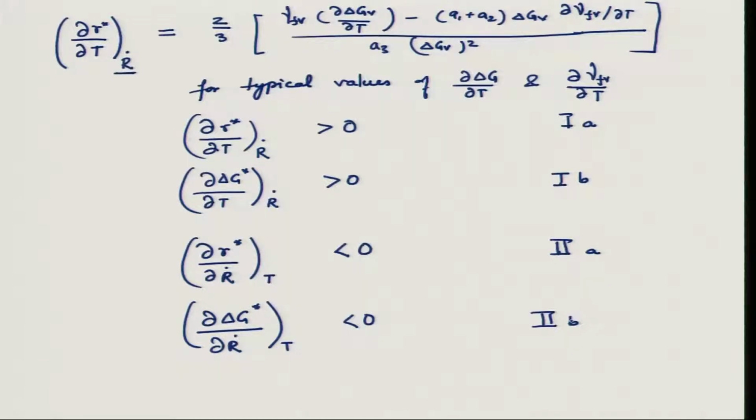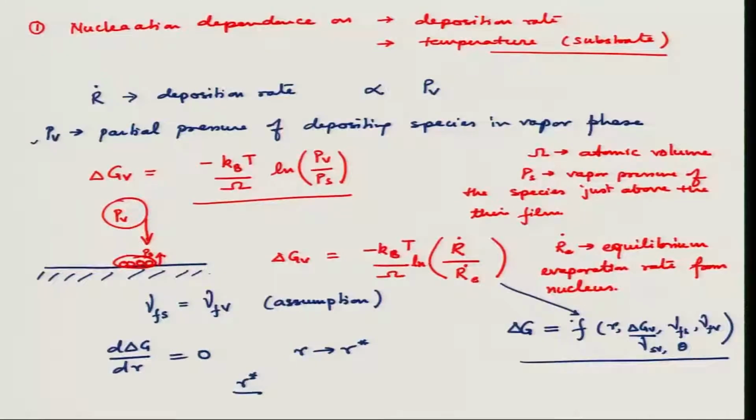Okay. Now, in the next few slides we will discuss how these affect our thin film properties, morphology basically. Okay. So, this inequality says, let me write this again here. dr critical over dT at a constant rate is greater than 0, which means that if temperature increases, my r star also increases.